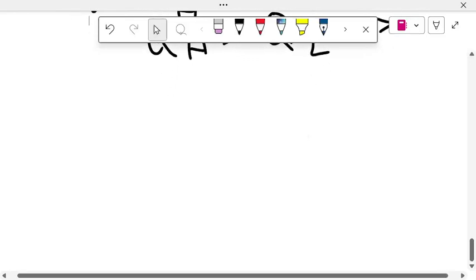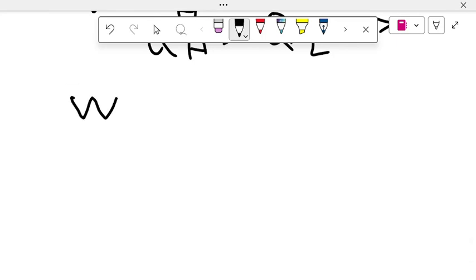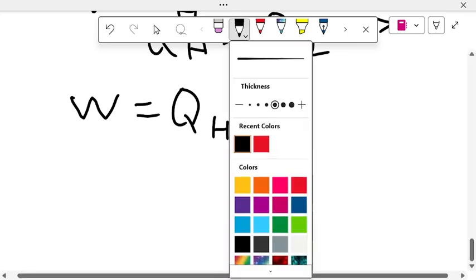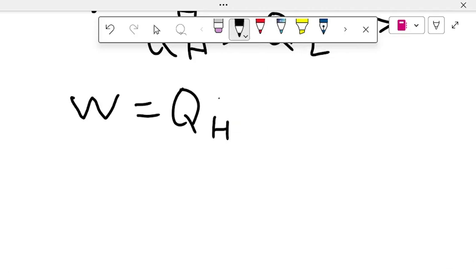They said that work done equals heat high minus heat low.